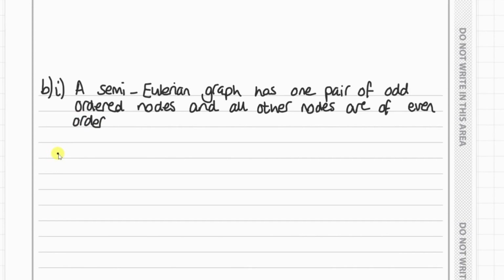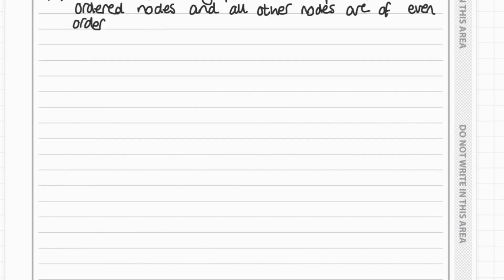So then for part 2, it says draw 2 semi-Eulerian subgraphs of K5, each having 5 vertices but with a different number of edges. So to be able to do that, if we look through our pack, we'll have another clear space to be able to draw them. So B part 2.